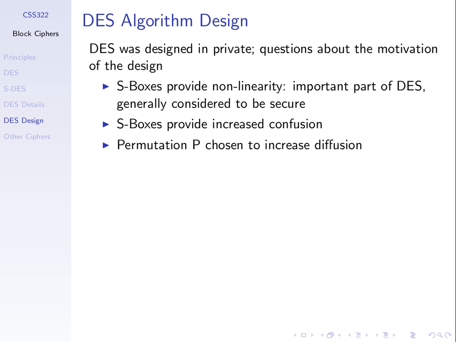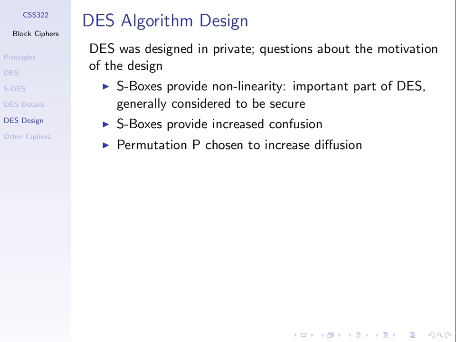But it turns out that people still consider it to be secure. The S-boxes were chosen to provide non-linearity, and were generally considered to be secure. People have shown that a small change in one of the S-boxes in DES leads to a much weaker cipher, which suggests that the S-boxes were chosen to give the strongest level of security possible.